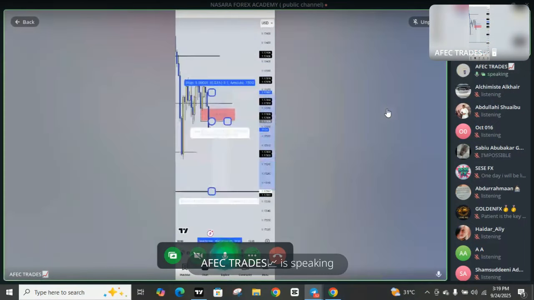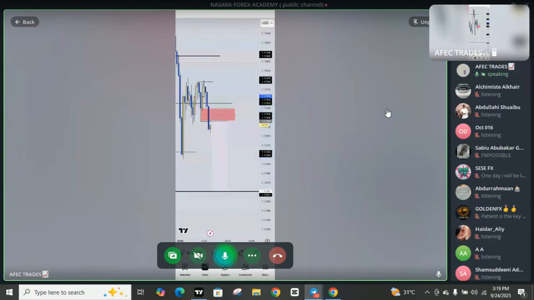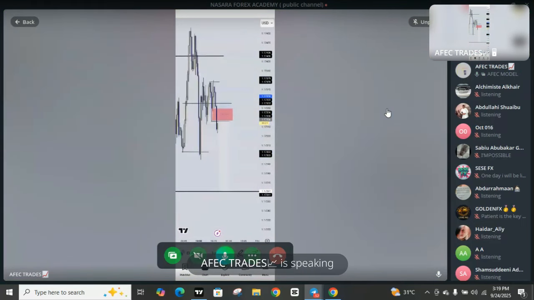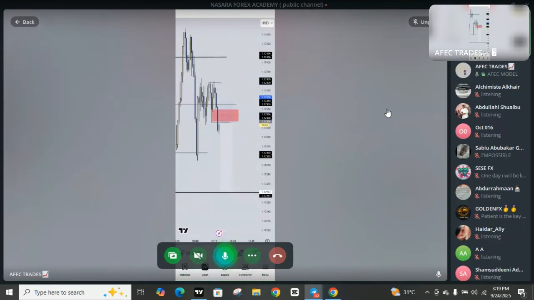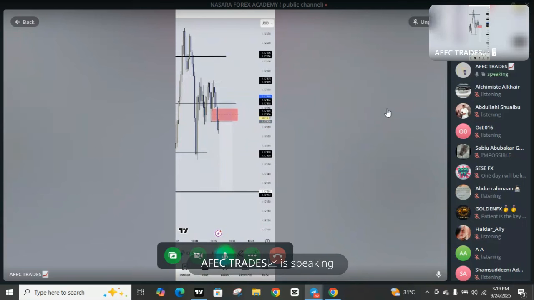Just a small scalp, 2.4 RR. Let's see. I will just put my stop here. Let's see what price is doing. All right. This is it.